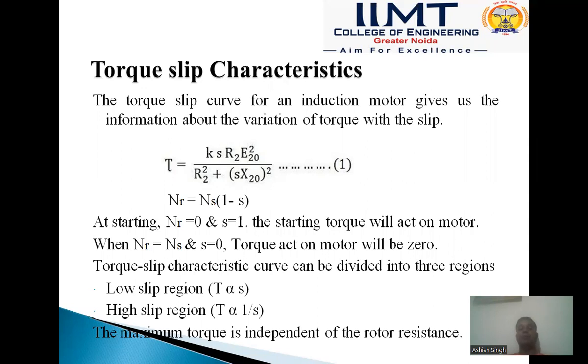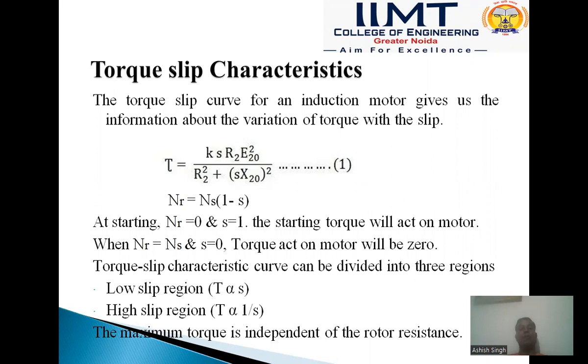So we first have to calculate the value of rotor speed when slip equals 0 and when slip equals 1. When we put slip equals 1, we get Nr equals 0. That means at starting condition, when slip equals 1, the rotor speed is 0.